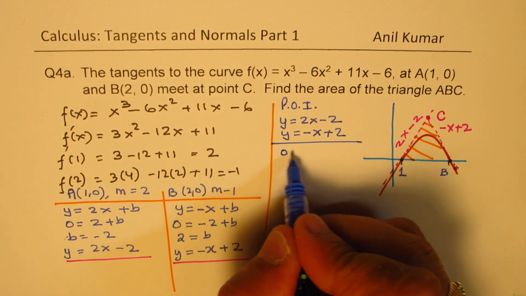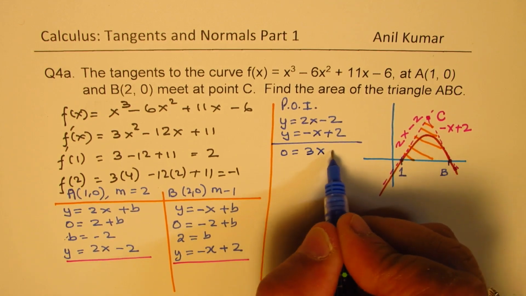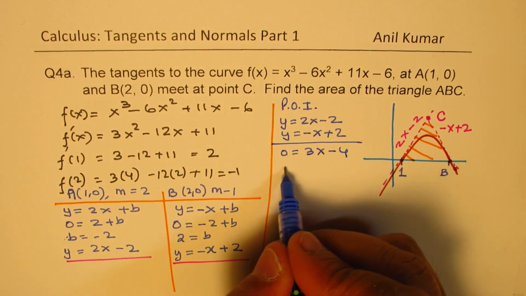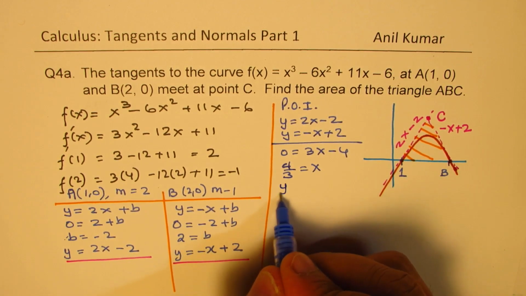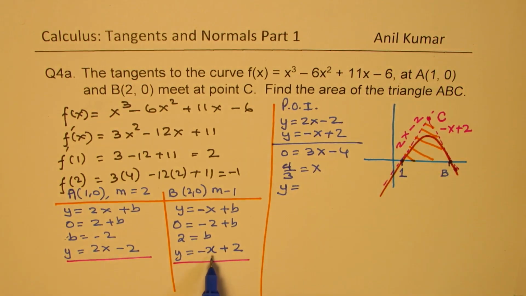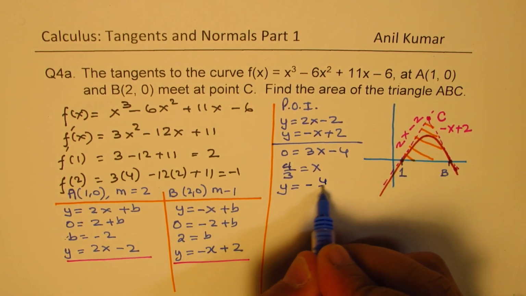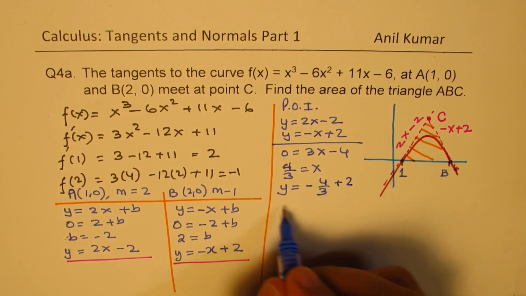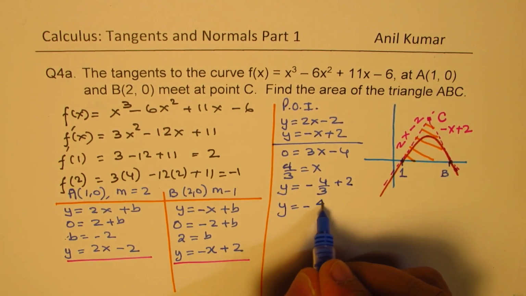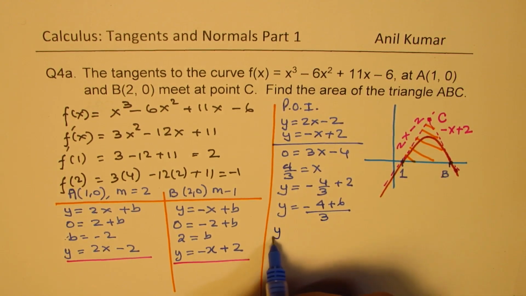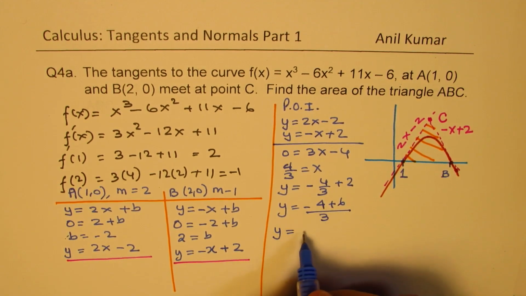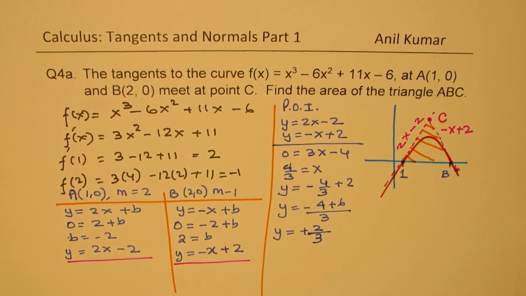So if I subtract, I get 0 equals 3x minus 4, or 4 over 3 is the value of x. So what is the y value? Let's substitute 4 over 3 here: minus 4 over 3 plus 2. So the y value will be minus 4 plus 6 over 3. So y is minus 2 over 3. Sorry, plus 2 over 3. Correct? So we get the value of y as 2 over 3.